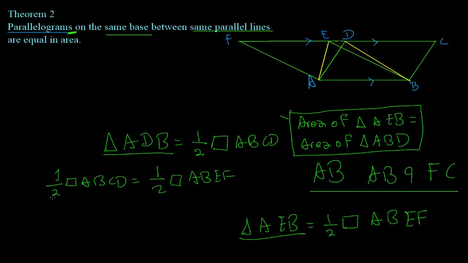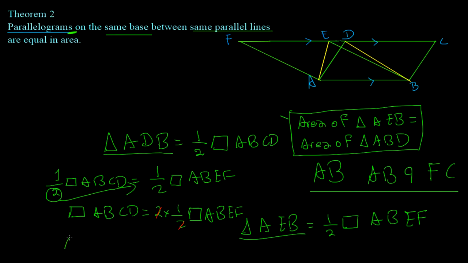If we move this 2 over here, then we get that parallelogram ABCD is equal to 2 times half parallelogram ABEF, and the 2 and 2 cancel, and we get the area of parallelogram ABCD equal to the area of parallelogram ABEF.